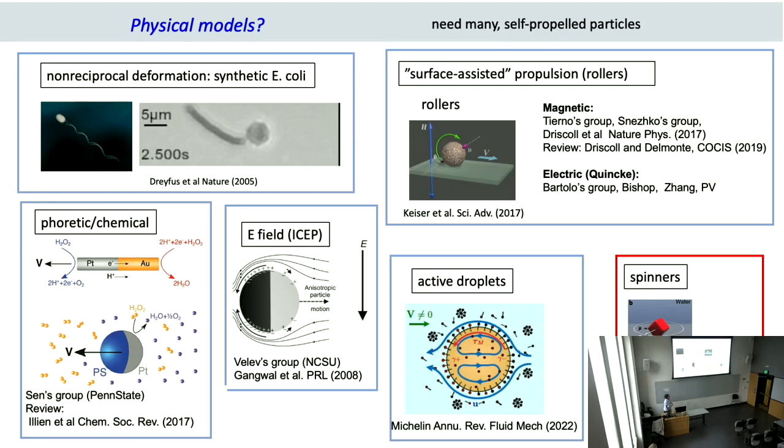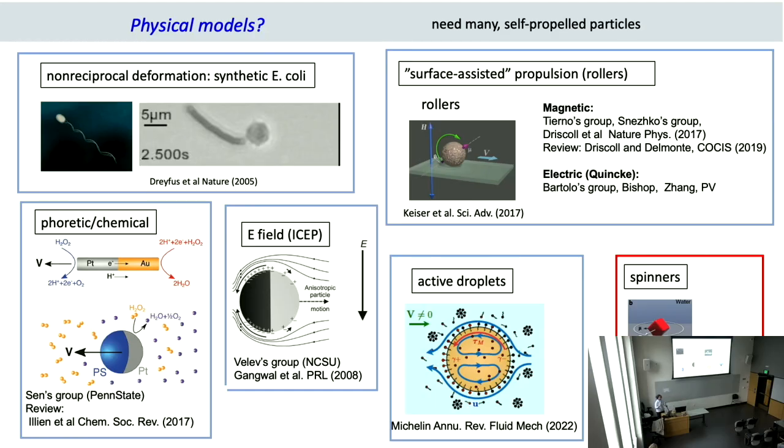What I'm going to present to you is a particle that even an applied mathematician can do experiments with, and that's the Quincke Rotor. This is a particle that is actuated by a torque created by an electric field, and if it is sitting on a surface, this torque makes the particle roll, so it looks like it is self-propelled.